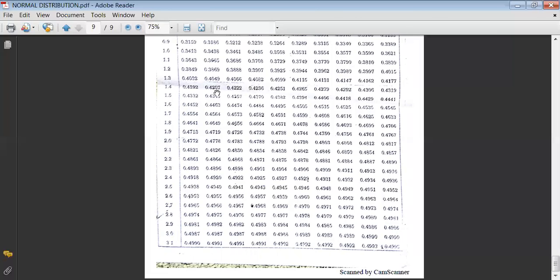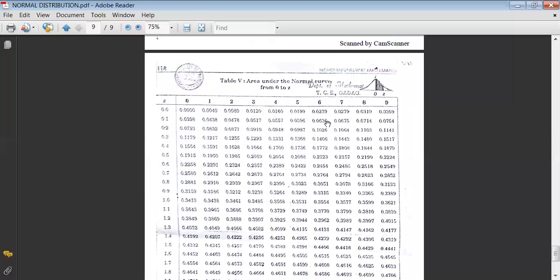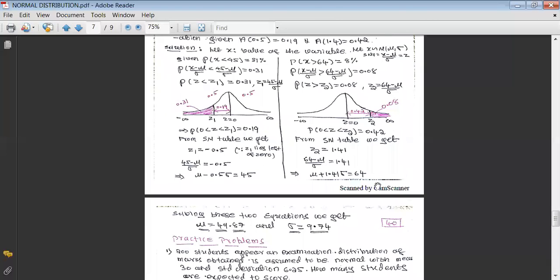That means this one is nearer to 0.42 as compared to the other one. That's why I can take it as 1.41. Now substitute the respective values of Z1 and Z2, we get Z1 here and Z2 here.